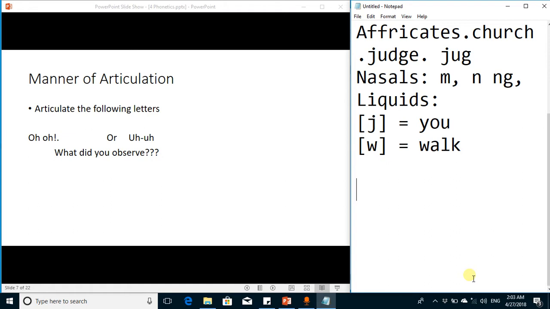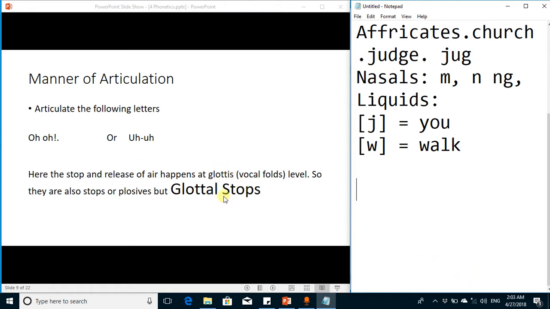So we stop and release the airstream at the glottis or vocal folds. So these are called glottal stops, and an example is the sound in oh-oh. So the stop and release is at the glottal level.